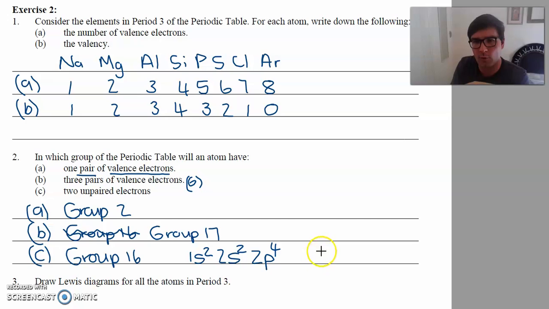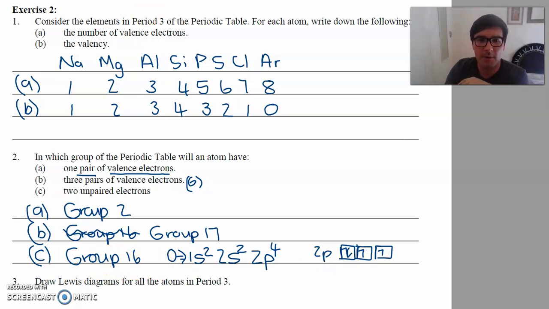But how would that p orbital look? So the 2p orbital, there's your 3 orbitals, 1, 2, 3, 4. There's your 2 unpaired electrons. So that's why I say it's group 16. So this is oxygen as an example to explain that answer.